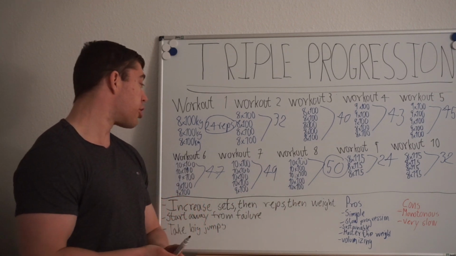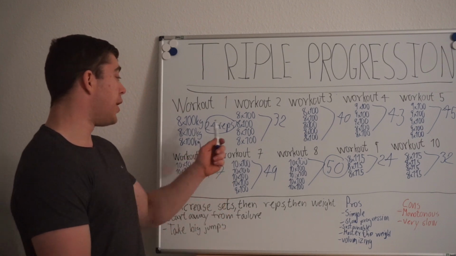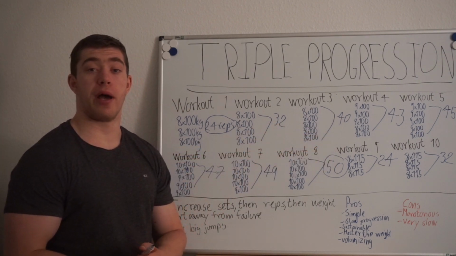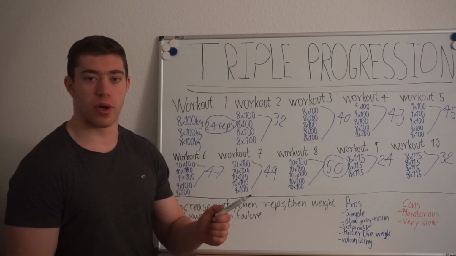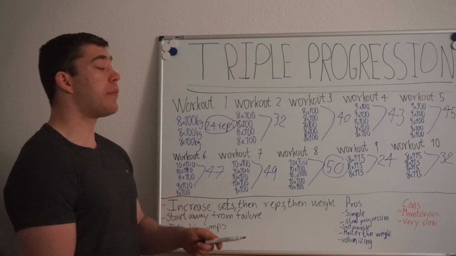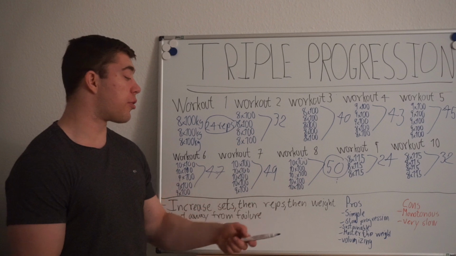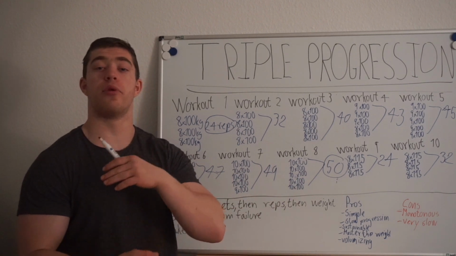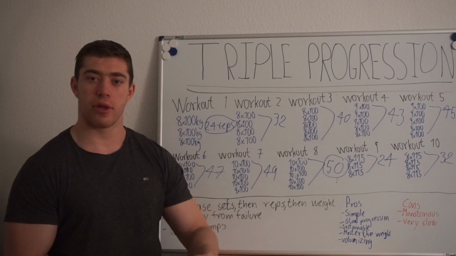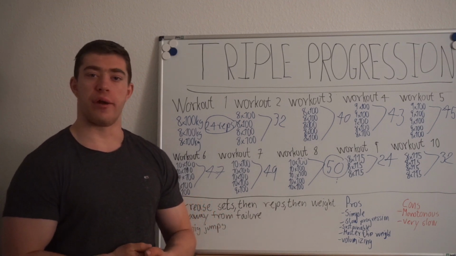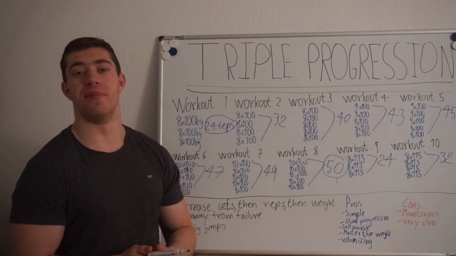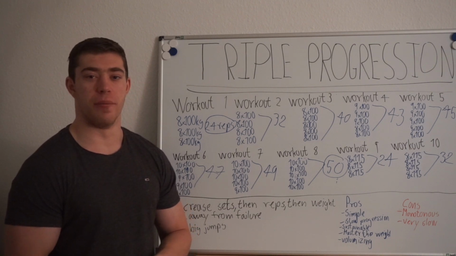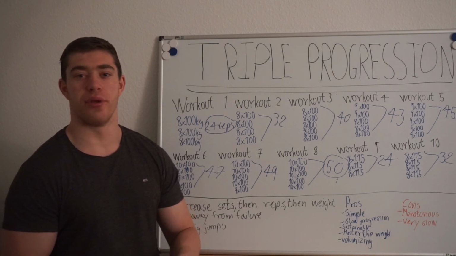And that is only possible because we are building up in steps as well. If you are just going up by reps and then weight and reps and weight and reps and weight, we would not be able to increase the workload, because just increasing the reps alone becomes way too intense, and you can't just go from 8 to 16 reps with a weight in 10 weeks unless you're a beginner.